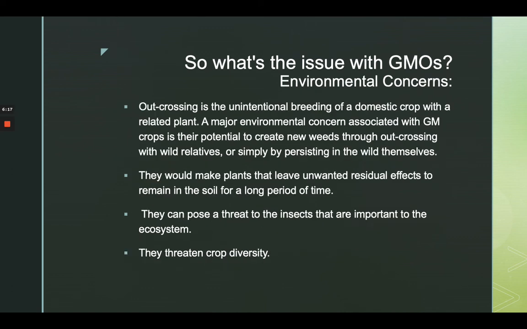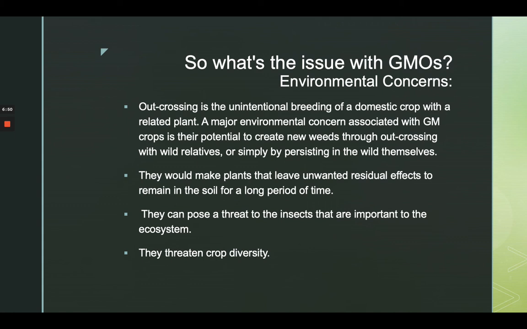So what are the issues with GMOs continued? These are the environmental concerns. Some environmental concerns are that they threaten crop diversity, they pose a threat to the insects that are important to the ecosystem, they would make plants leave unwanted residual effects that will remain in the soil for a long period of time, and outcrossing, which is the unintentional breeding of a domestic crop with a related plant.